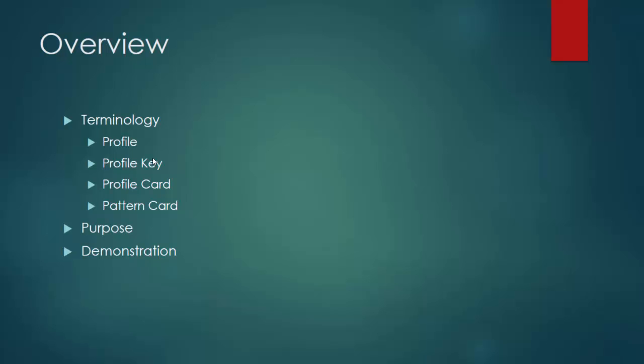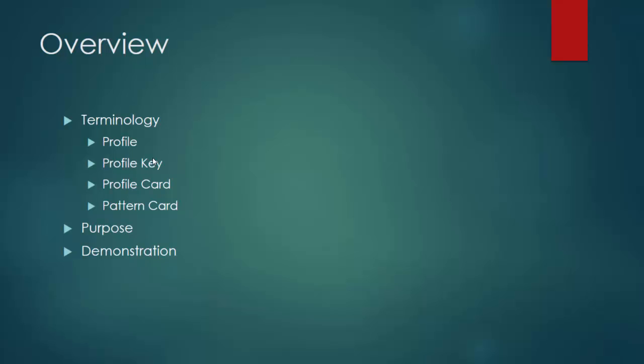I'll start with a pattern first and foremost. A pattern card is just a definition that says, hey, these profile key values make up this pattern. So if, for example, you're tracking types of content, and you had profile keys that were articles, videos, events, etc., you might want to determine that this user loves this type of content.